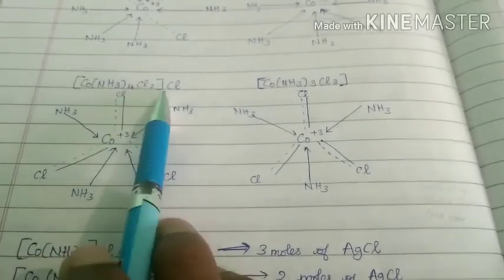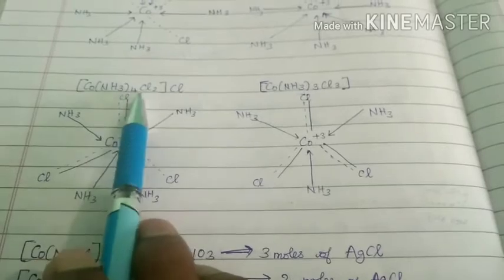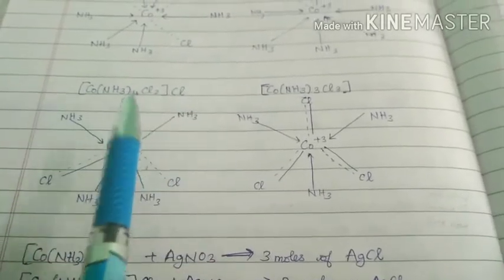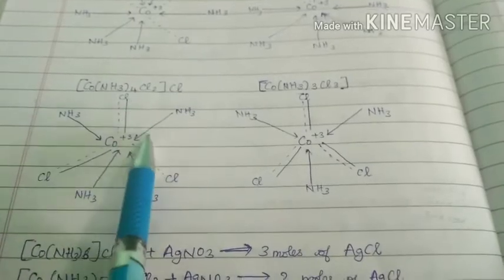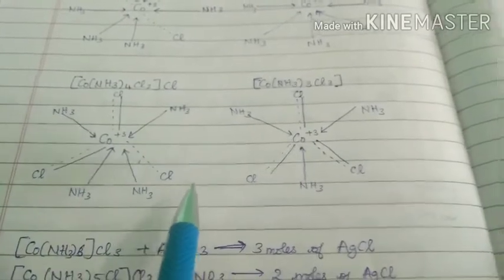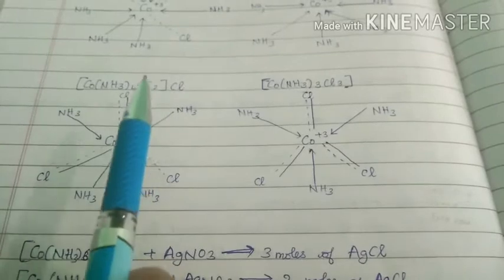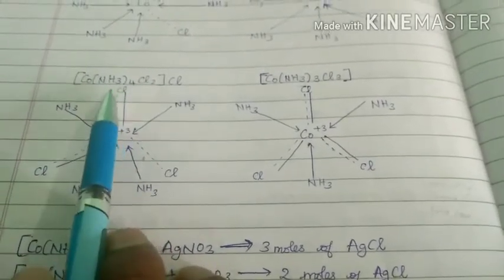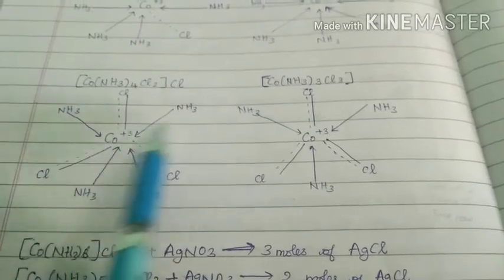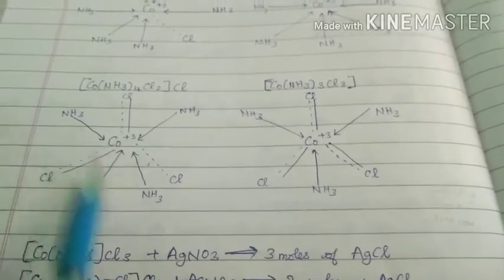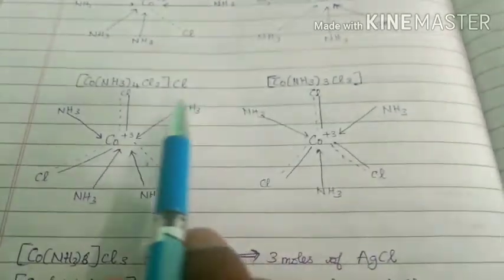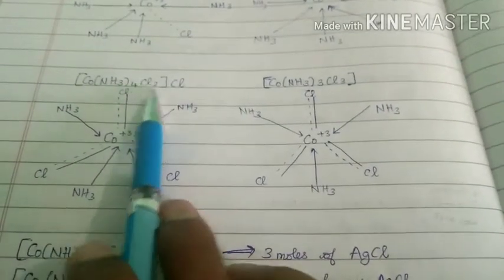Next, here also the coordination number is 6. How? 4 NH3s and 2 Cl, total 6. 6 is the ligand number, nothing but coordination number, that is also nothing but secondary valency. That means the secondary valency should be mentioned with bar lines. Here 4 ammonia should be mentioned with bar lines. See, this is one ammonia, this is one ammonia, this is one ammonia, this is one. Then the next two ligands are these chlorines.